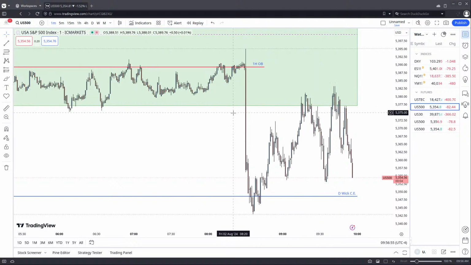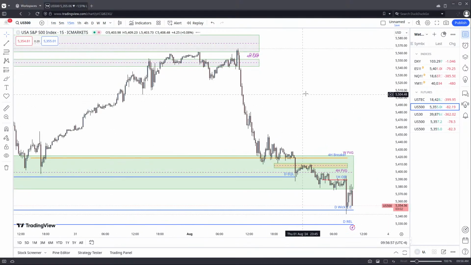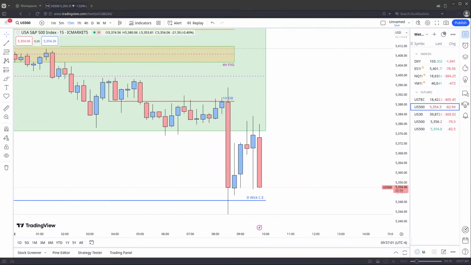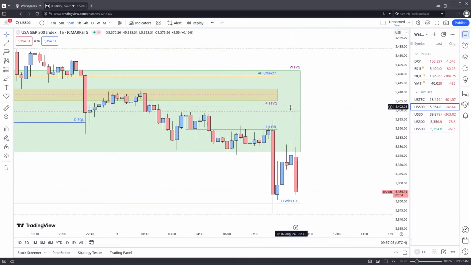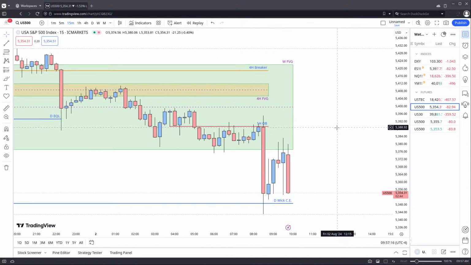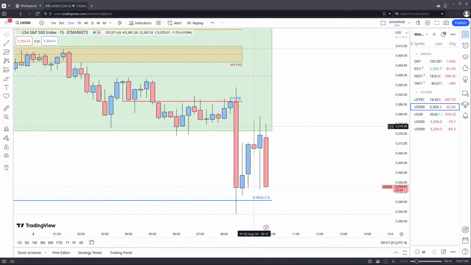So there's US 500. Let's jump into a higher time frame. Looking at US 500, see how we did not take any real highs here. We took no highs, so no buy side liquidity was taken here. So really bearish, really, really bearish.